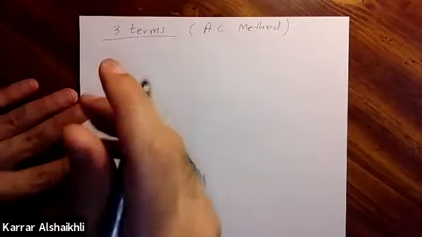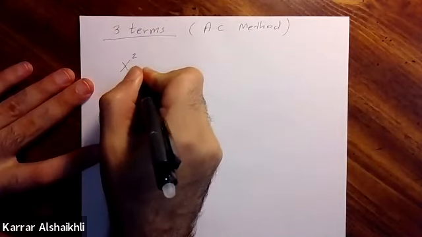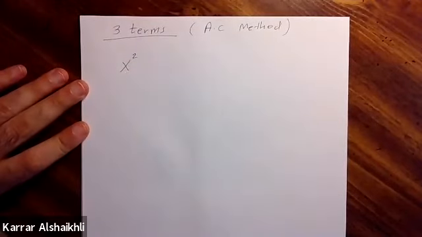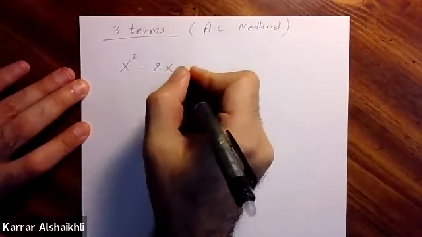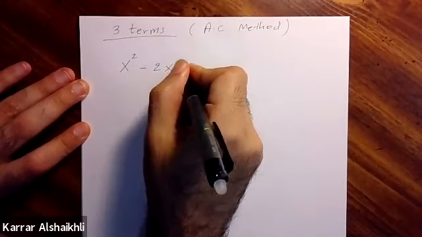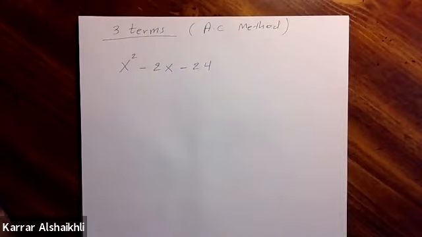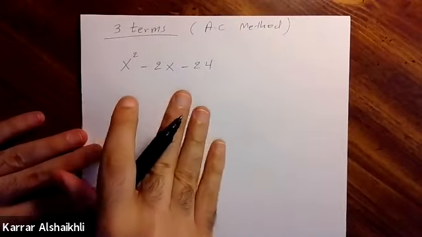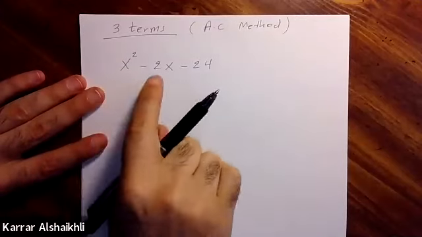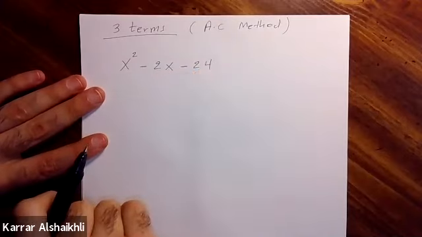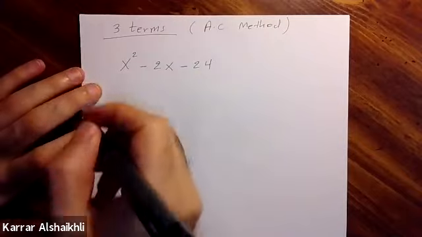So when you have 3 terms, if we have this example, x squared minus 2x minus 24, how are we going to use the AC method? I already know I'm going to use the AC method when I have 3 terms. That's why they call it the AC method.